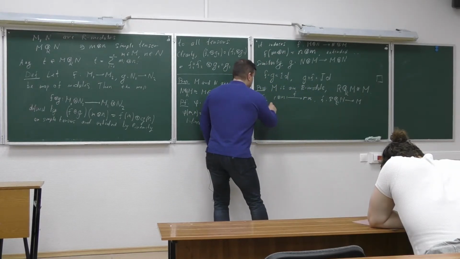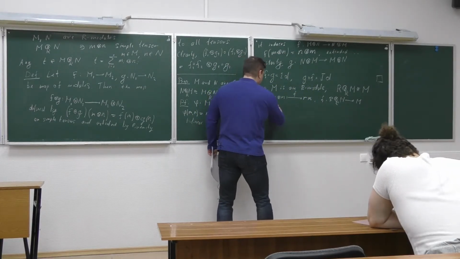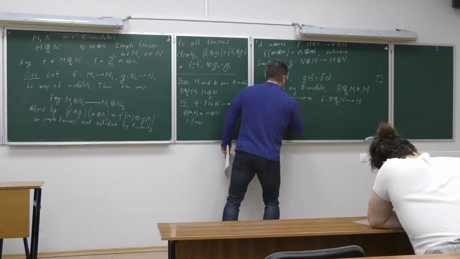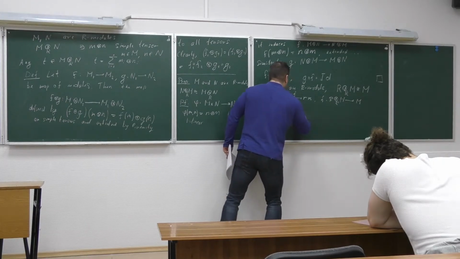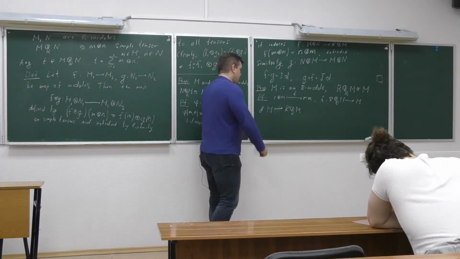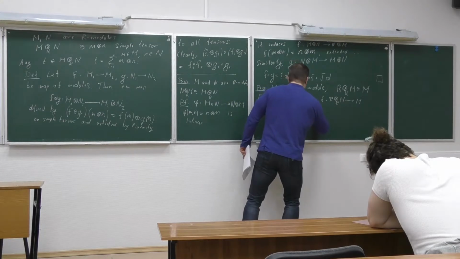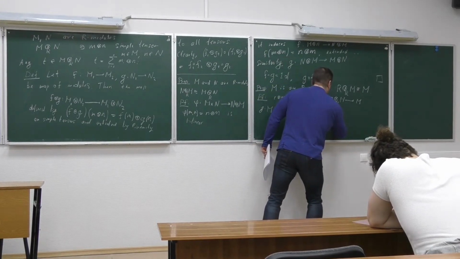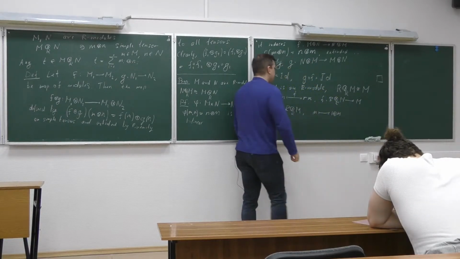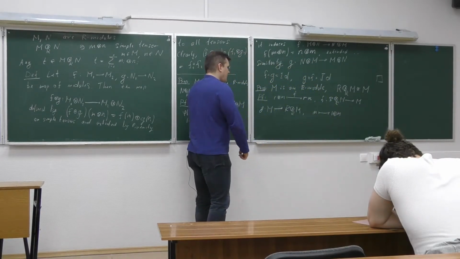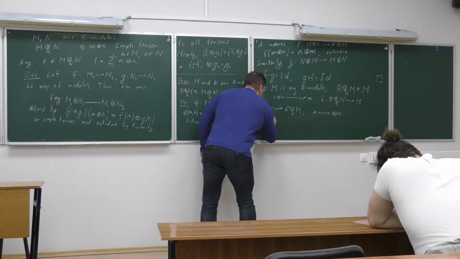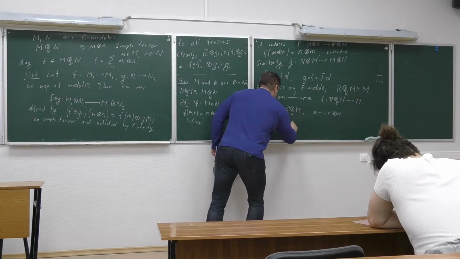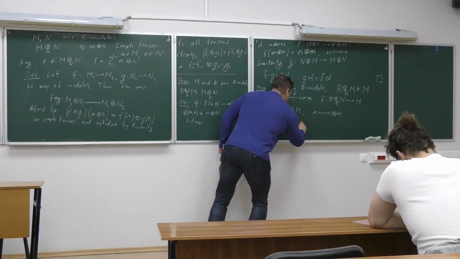So g will be a map from M to the tensor product of R and M. And g just takes an element m and sends it to 1 tensor m. And again, you can check immediately that the composition of f and g is the identity, and the composition of g and f is the identity.